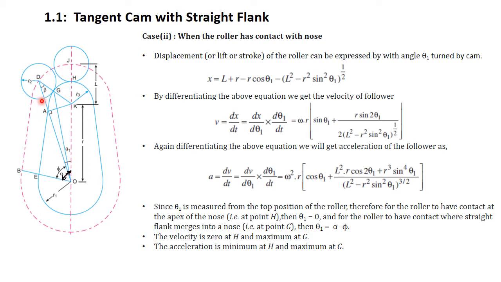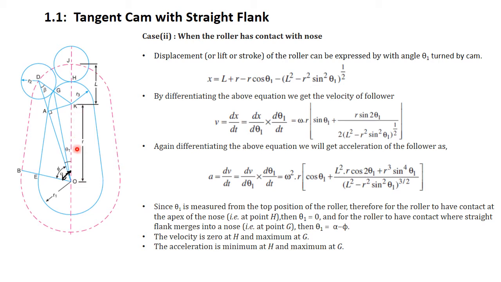But theta 1 is not measured from D to J, it is measured from J to D. That you will understand from the equation, why it is done so. So theta 1 is the angle between OJ and OD, measured anticlockwise from J to D.